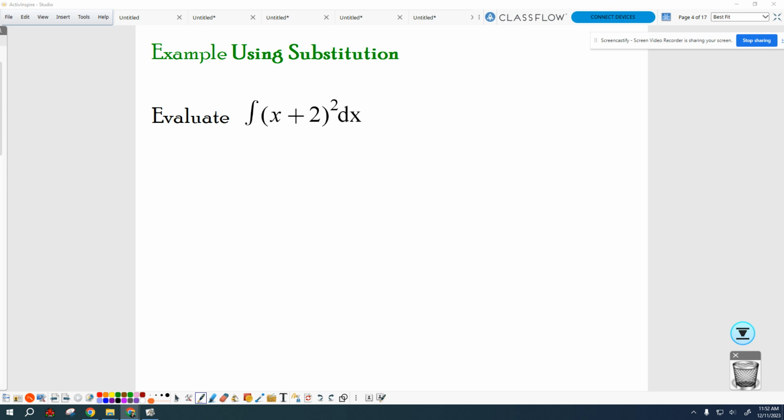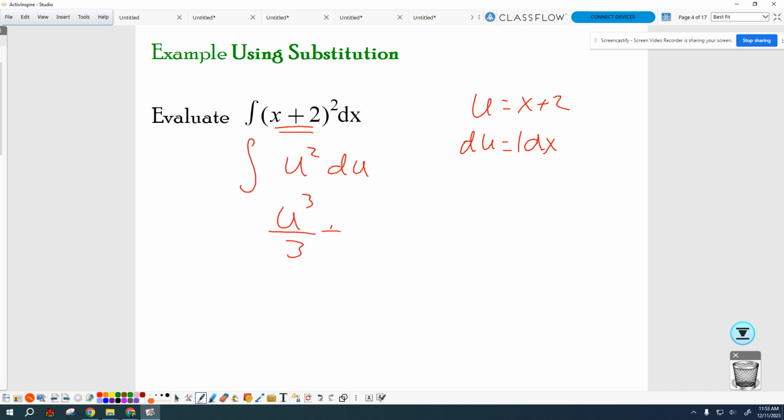X plus 2. Du, u equals x plus 2, so du is 1 dx. Okay. X plus 2 becomes u squared, dx is du. Raise the power, divide by the new power, and add C, but I didn't actually want u values. And yes, it is that simple.